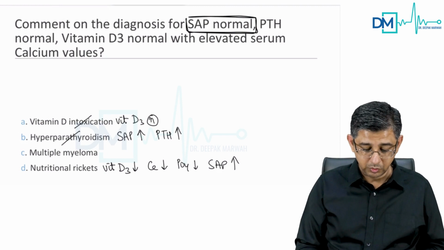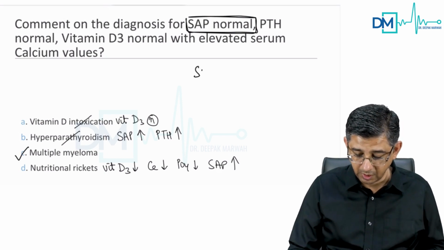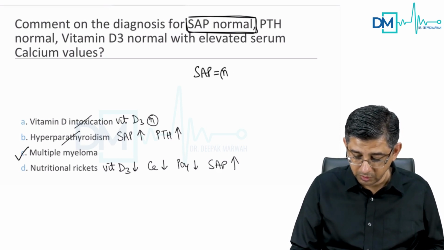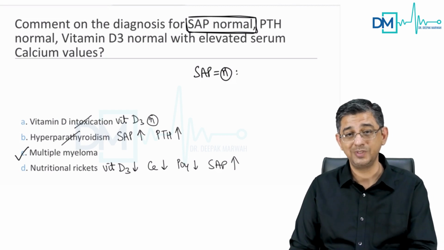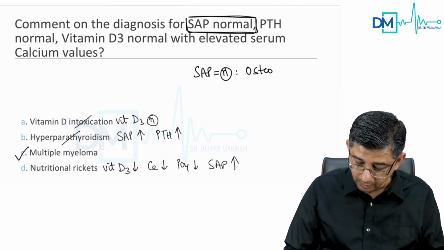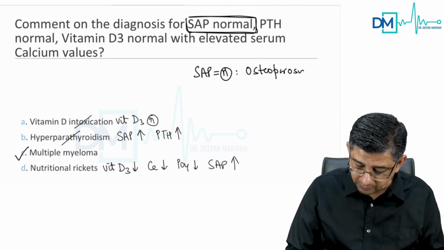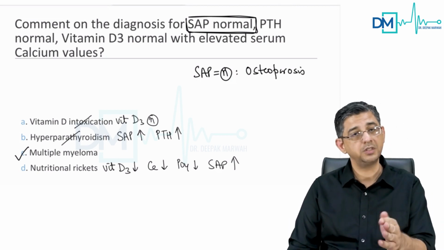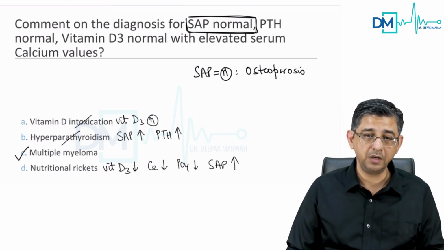Multiple myeloma. So two important conditions where SAP is normal, and you must know serum alkaline phosphatase that is produced from bones and indicates bone turnover is normal in osteoporosis. That is why we don't do serum alkaline phosphatase and calcium phosphate in osteoporosis. No, we straight away do DEXA scan for the patient.